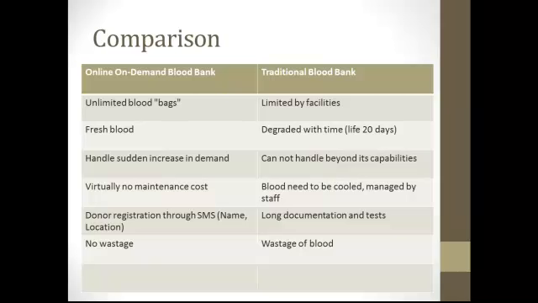An online blood bank can handle a sudden increase in the demand of blood in case of emergency like some natural disaster, while a traditional blood bank cannot do that. It has virtually no maintenance cost compared to that of a traditional blood bank. The donor registration is easy and there is no wastage of blood.